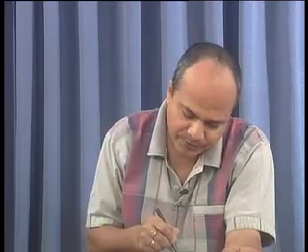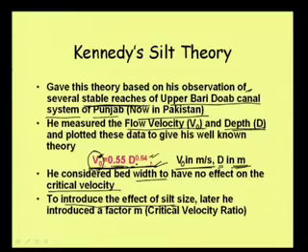By silt grade we mean silt size, what is the proportion of silt sizes in a particular silt sample, and what is the average size, say we call it the D50 average size. So, this effect came later, and to introduce the effect of silt size, he later introduced a factor m, and this factor is called the critical velocity ratio.